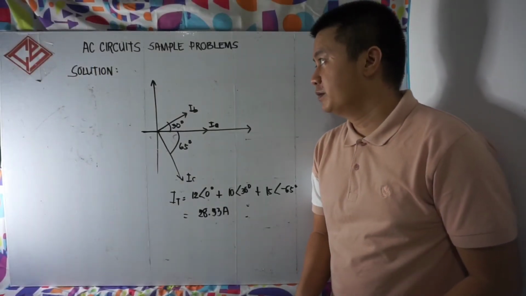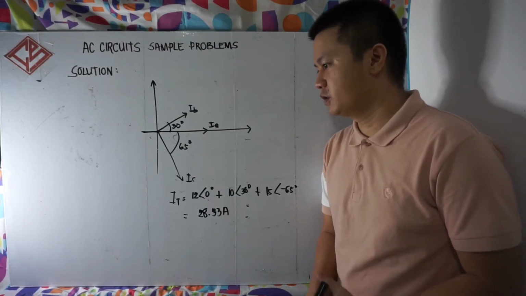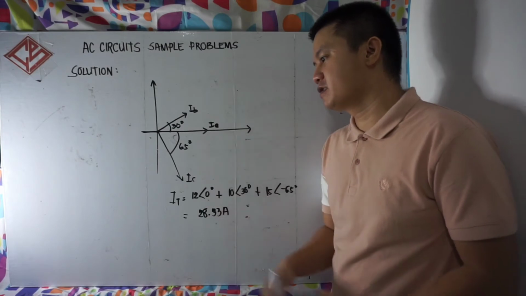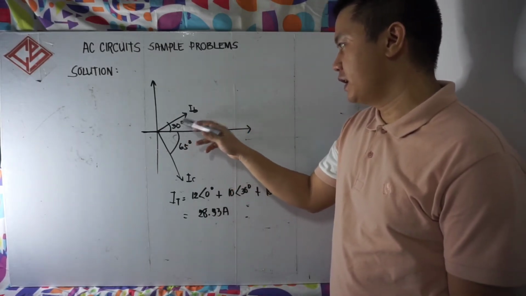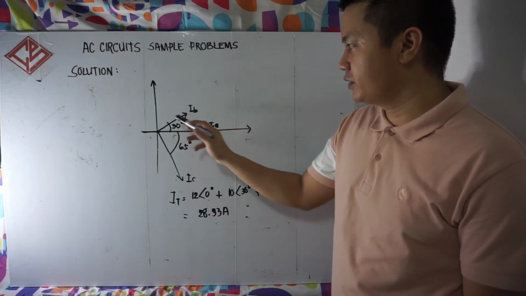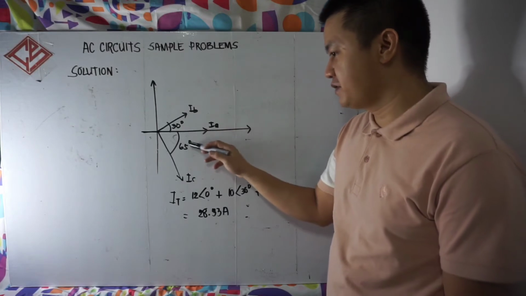For this problem, we're asked to find the total or the resultant current, having IA as our reference. As it says in the problem, IB leads IA by 30 degrees and IC lags IA by 65 degrees.